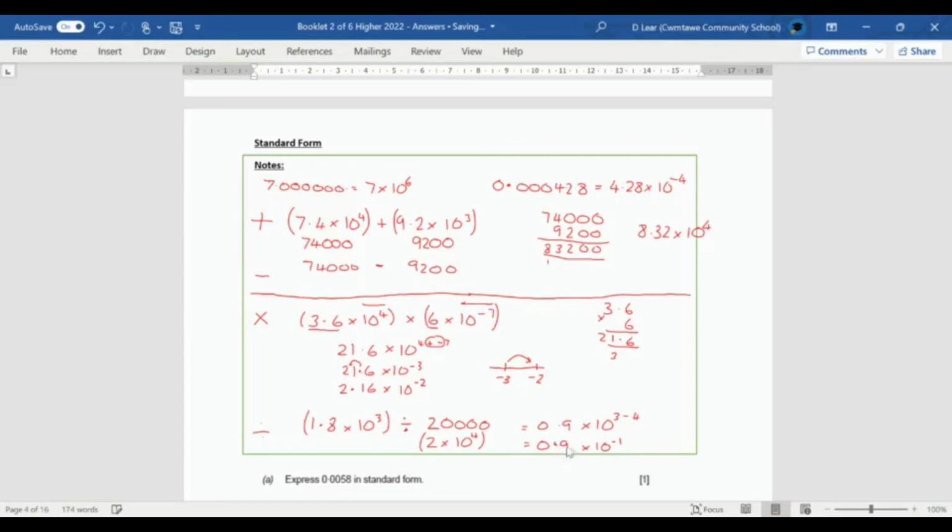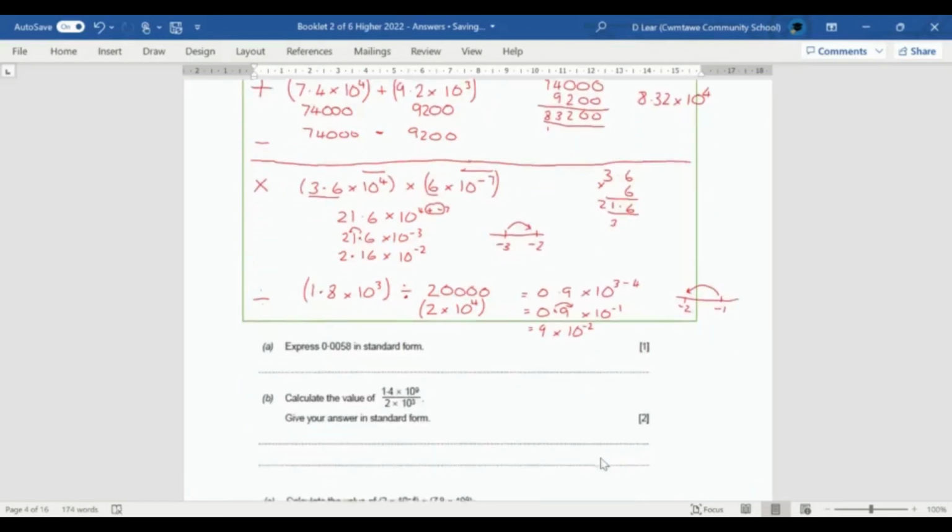That decimal point needs to be after the first non-zero digit, so it needs to jump there. In other words, that 0.9 needs to become 9. But if I make the number one place bigger, I need to make this number one smaller. So from minus 1, I need to go smaller down the number line.